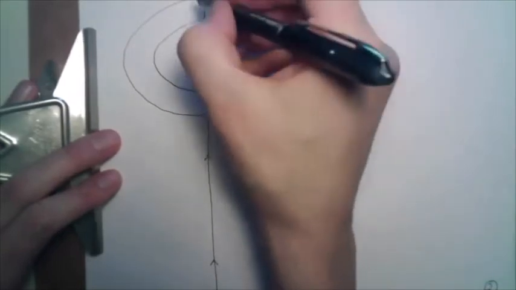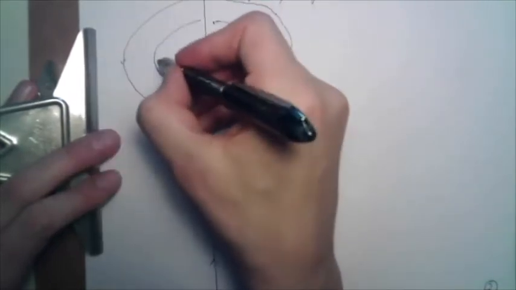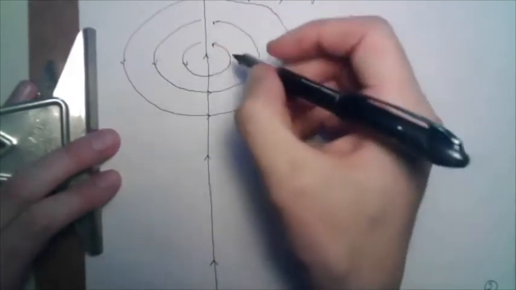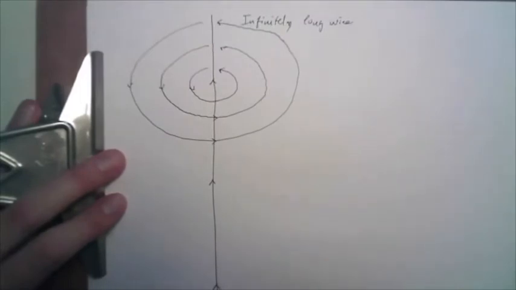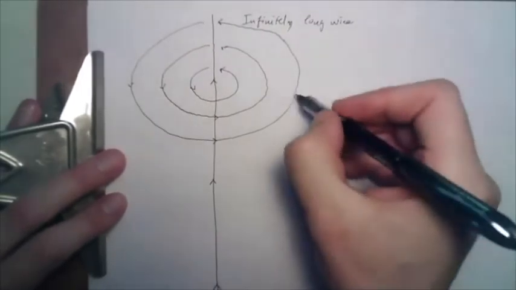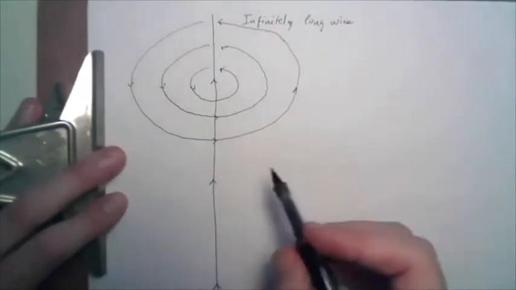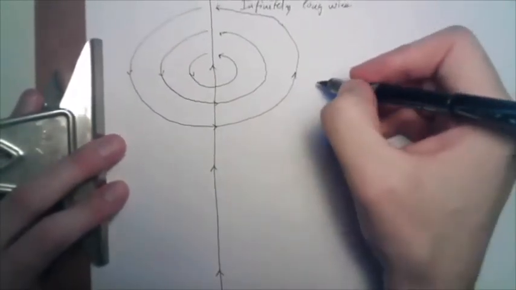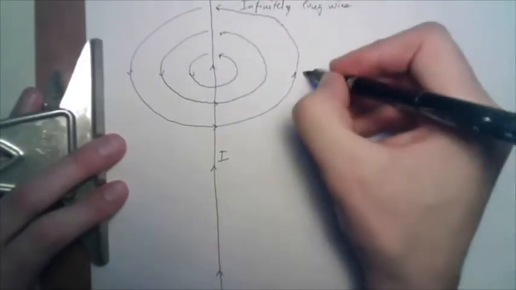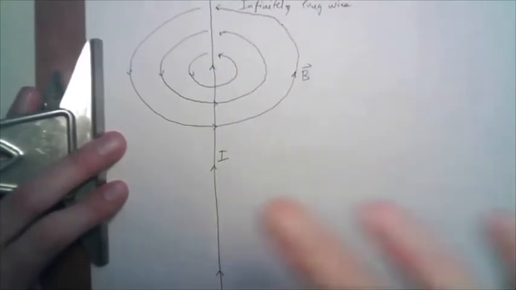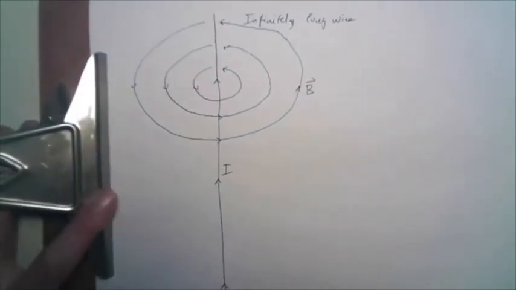Usually, if you want to indicate in a drawing that it's going behind something, you draw it like this. All right. So that's the way the B field looks. This is the current carrying wire, so that's the current, and that is the magnetic field.